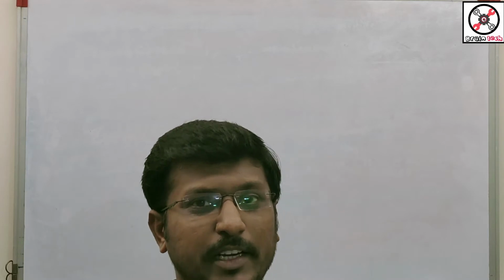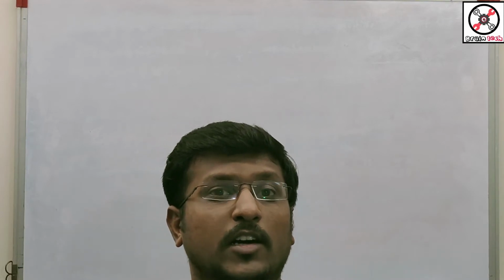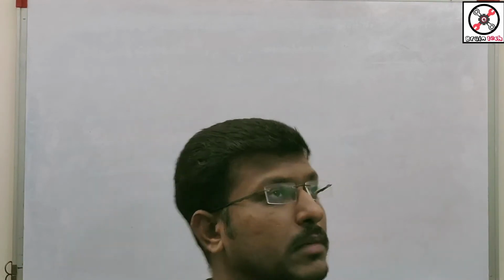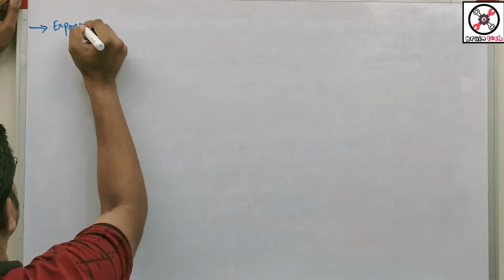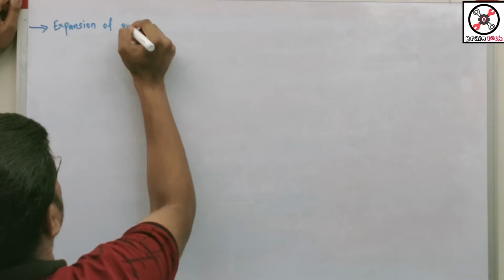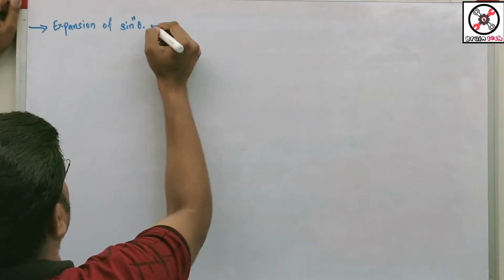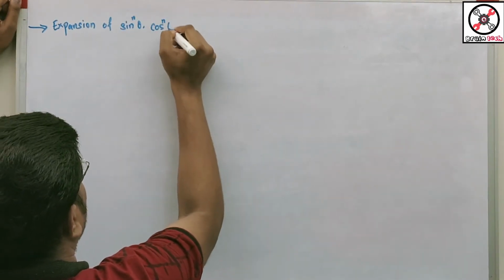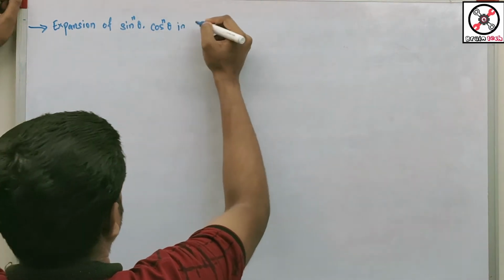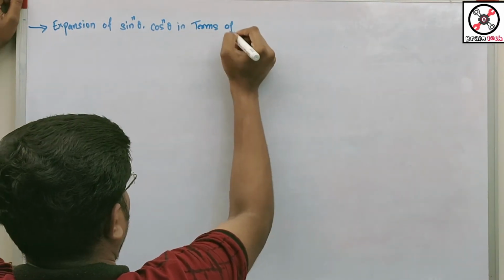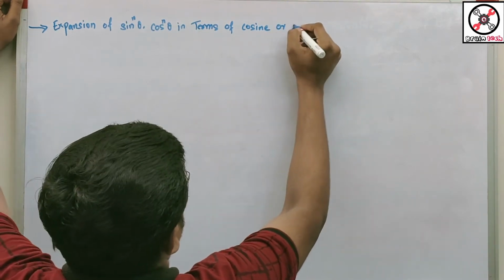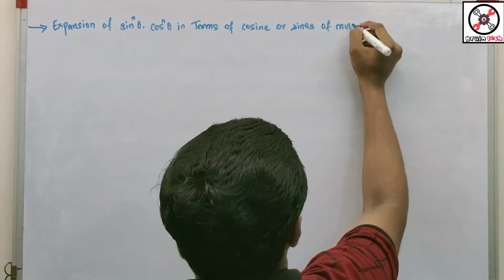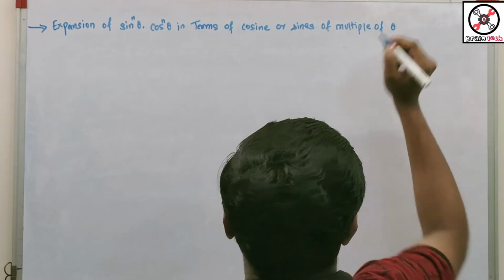Today, in this video, we are going to study a topic related to complex numbers, that is, expansion of sine raised to n theta and cos raised to n theta in terms of cosine or sine of multiples of theta.